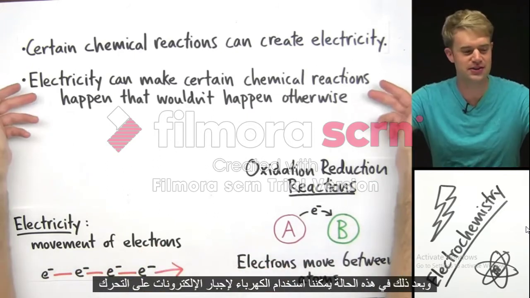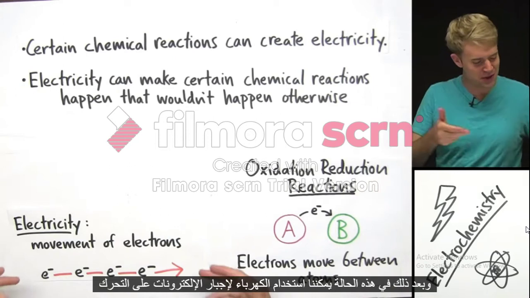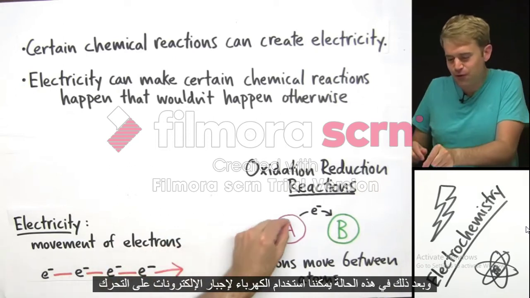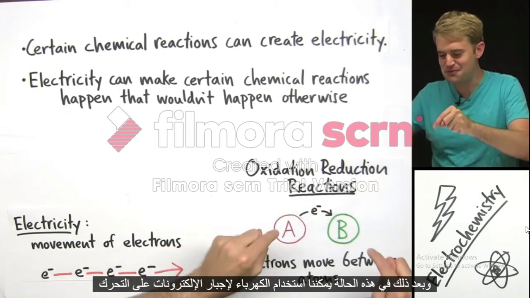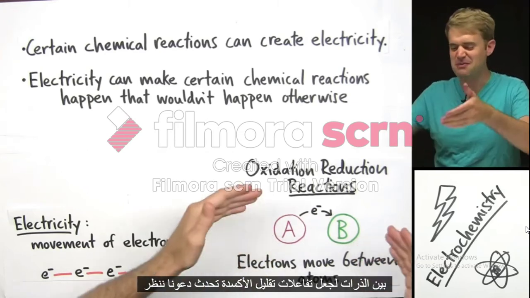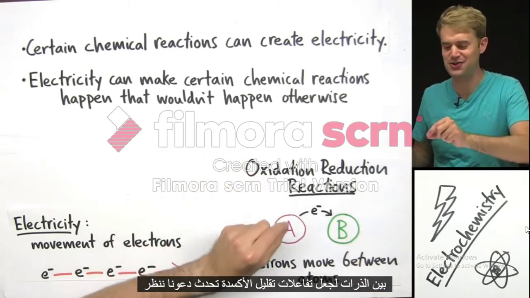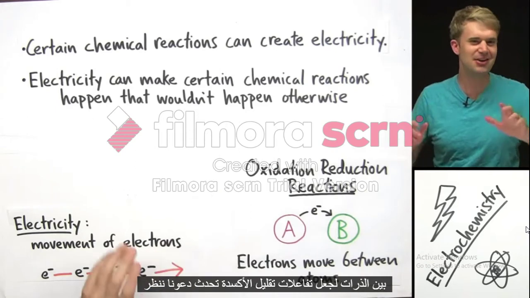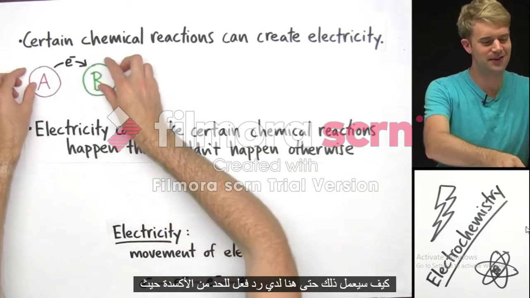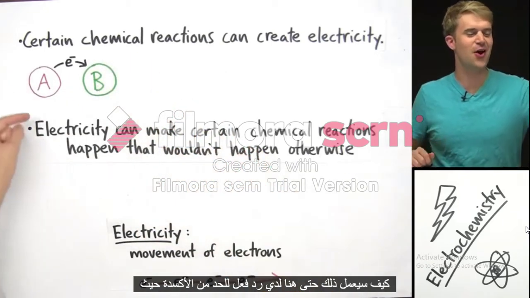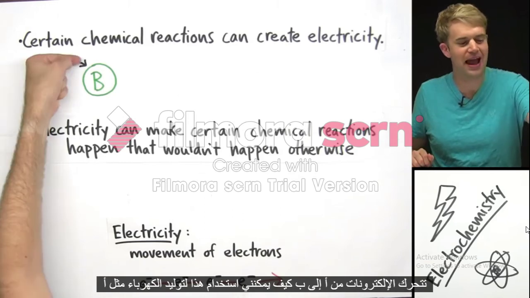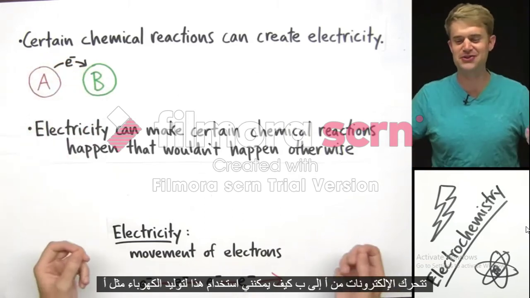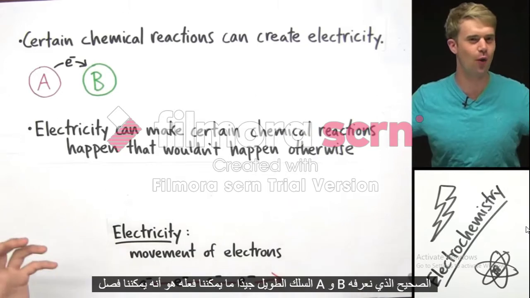And then for this situation, we can use electricity to force electrons to move between atoms to make oxidation-reduction reactions happen. Let's look at how that would work. So here I've got an oxidation-reduction reaction where electrons are moving from A to B. How can I use this to create electricity, like along a wire?